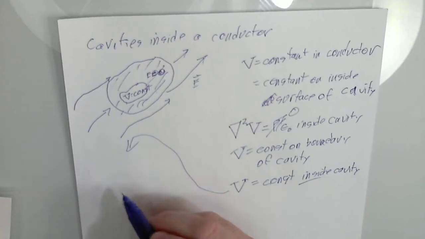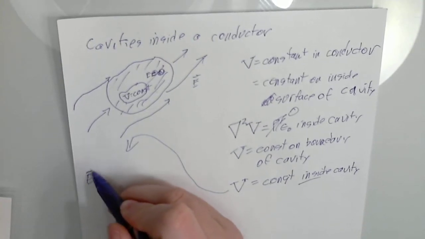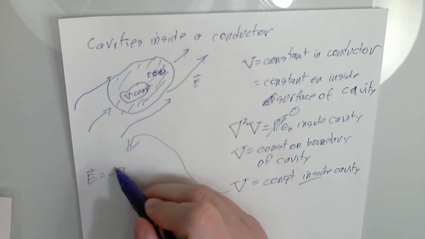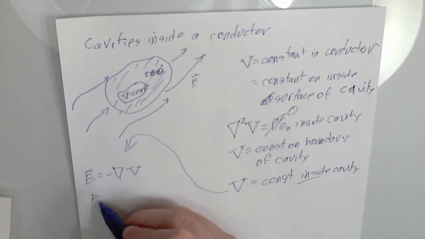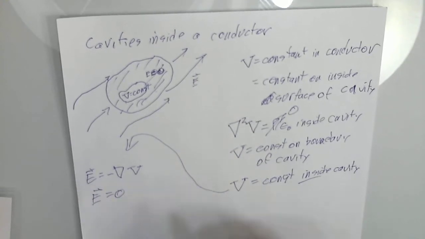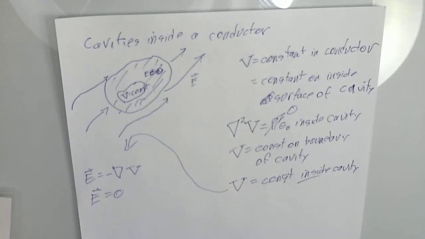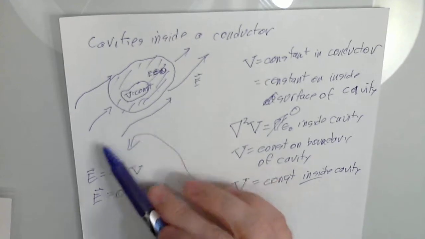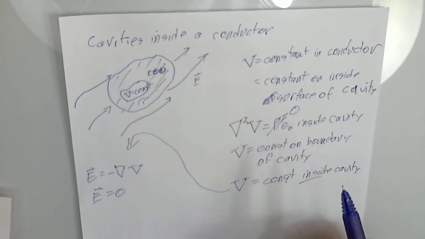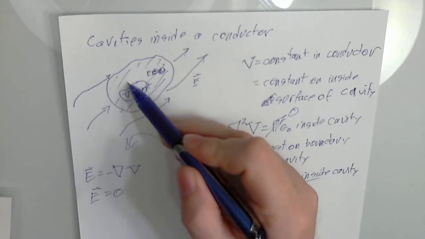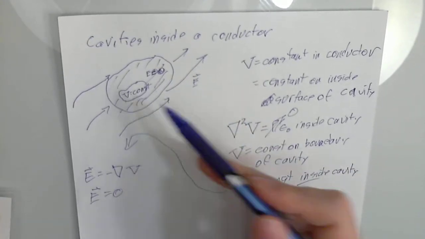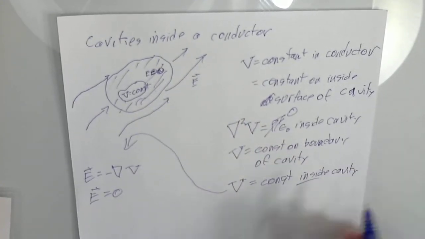So what does that say about the electric field? Well, the electric field is equal to the negative gradient of the electric potential. The electric potential is constant, and so that tells us the electric field is equal to 0 inside the cavity as well. So no matter what kind of crazy electric fields are going on outside the conductor, inside the conductor all is calm, and there are no electric fields anywhere within it, either in the metal itself or in any hollow cavity contained within it.